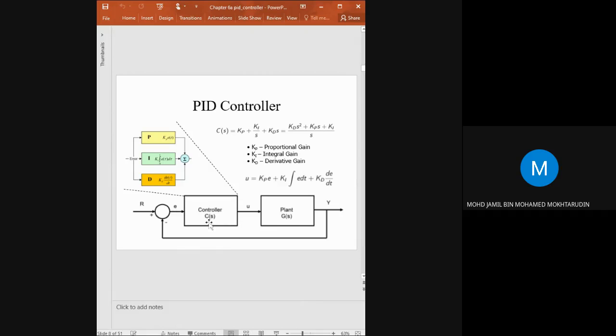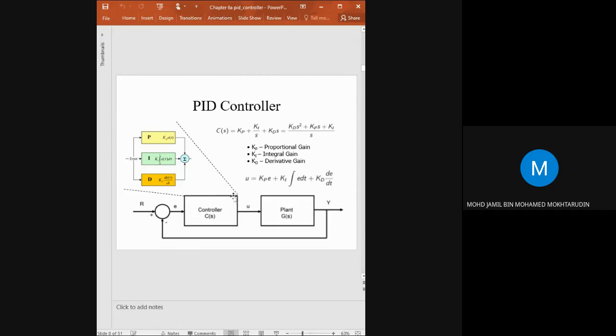And the PID controller transfer function is always like this: Kp plus Ki over S plus Kd times S. And then you can simplify this, becomes Kd S squared plus Kp S plus Ki, divided by S. Okay, so Kd is the derivative gain, Kp is the proportional gain, and Ki is the integral gain.